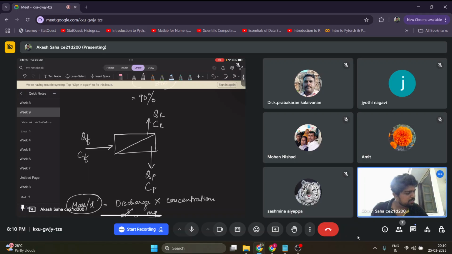So we can say QF into CF plus QR into CR is equal to QP into CP. Can we write it like this?